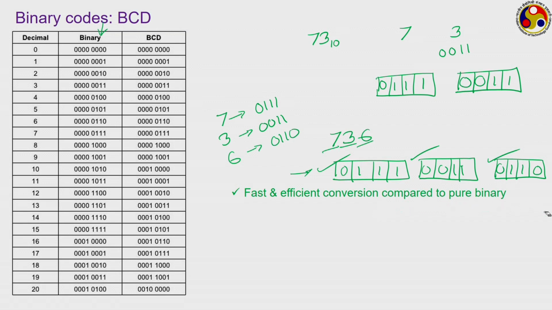So this method of storing binary digits in BCD format is a quite fast and efficient conversion compared to pure binary conversion, because in pure binary conversion you have to go through a quite a series of operations, but here we are dealing with only a few standard digits. 0 to 9 are the digits that are available to you, and we know their binary equivalents.